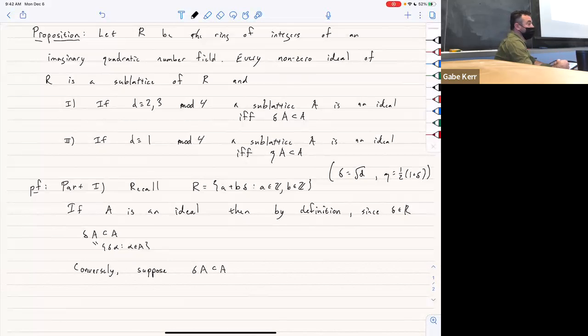We just need to show that for any element in R, I multiply A by that element.